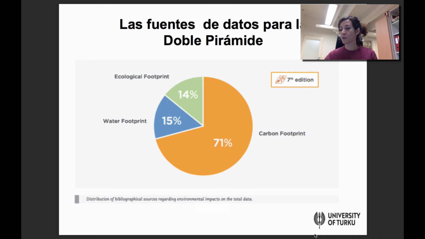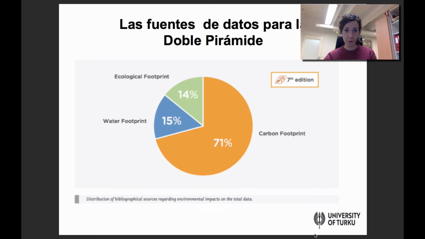This is because it's the one of the three that has been historically used by most scholars, and it's also the one that has the most established standards for its calculation. And then there is a smaller share of studies on water footprint, and then also studies on the ecological footprint.